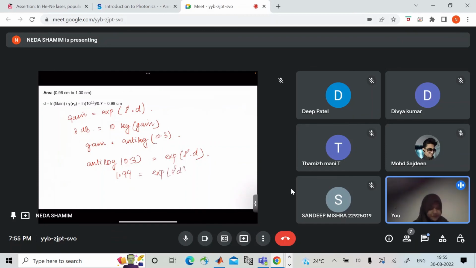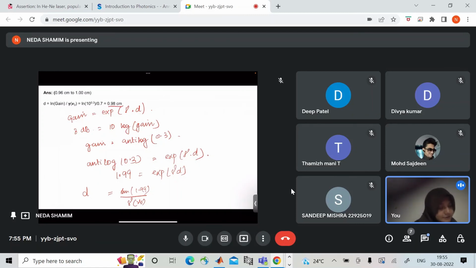Now take the reverse exponential to find the length. That will be ln of 1.99 divided by the gain coefficient, which has already been given. That will give you the answer for the length, and that length is around 0.98 centimeters.